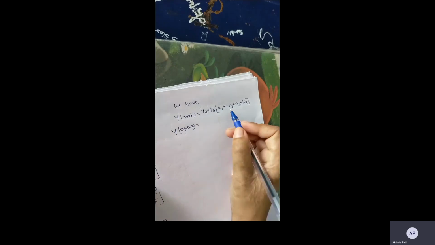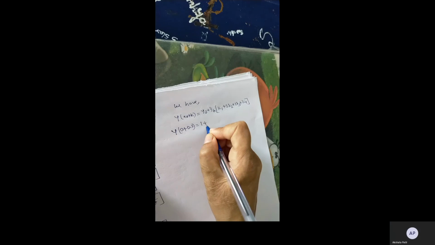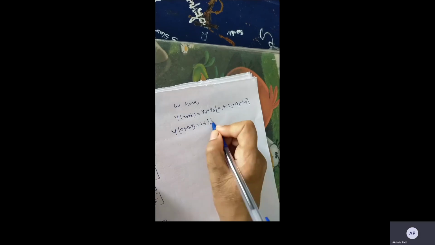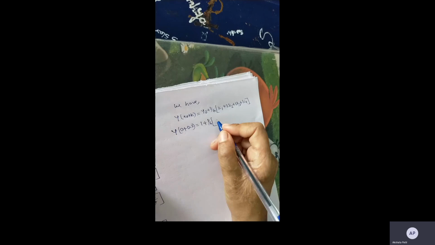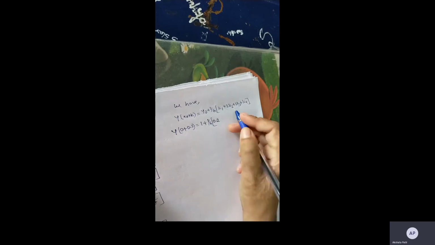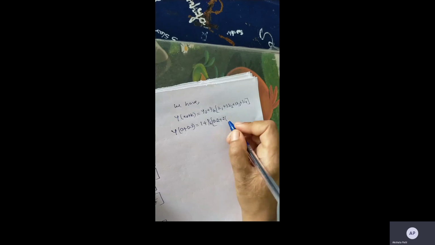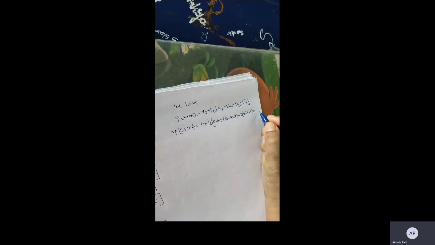Substitute the value of y naught, that is 1, plus 1 by 6 into the k1 value we already obtained, that is 0.2. So substitute the k1, k2, k3 and k4 values here. So plus 2 into k2 value, 0.1967, plus 2 into k3 value, 0.1967, plus the k4 value, which is 0.1891.